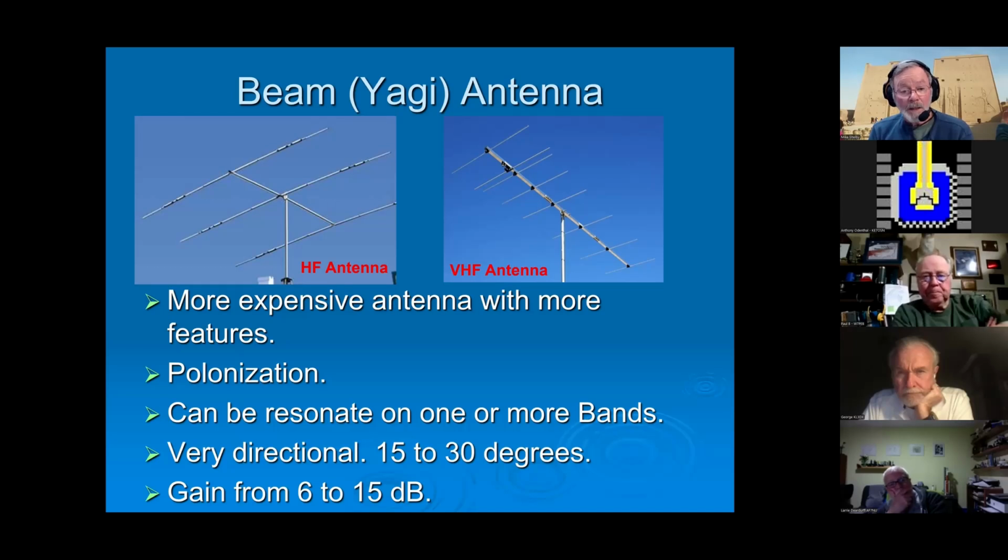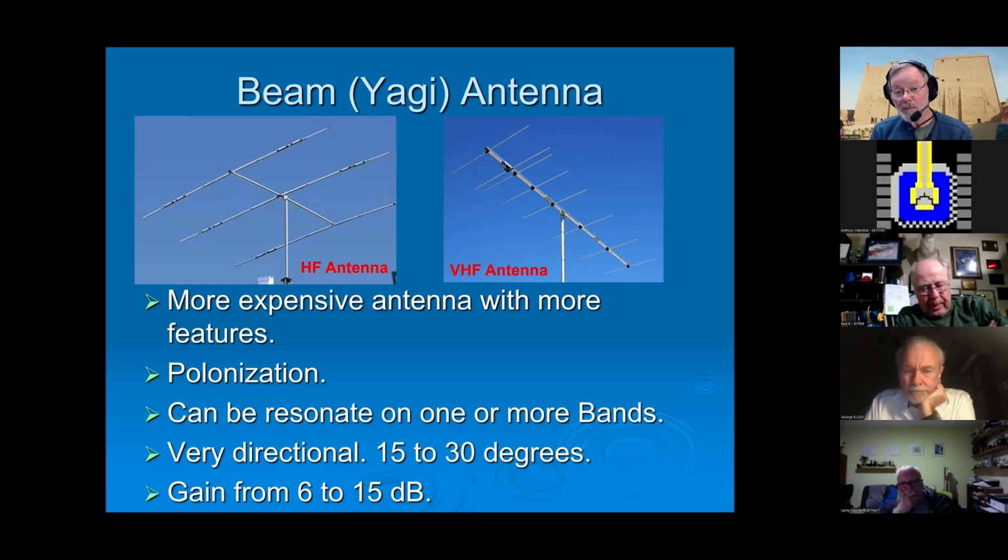But anyway, the one on the left is for HF, and that's a good old standard 3-element beam, kind of bread and butter, very easy to find, lots of those things out there. The one over on the right side is for VHF. They also have UHF models. They also have combo models that will run both VHF and UHF.